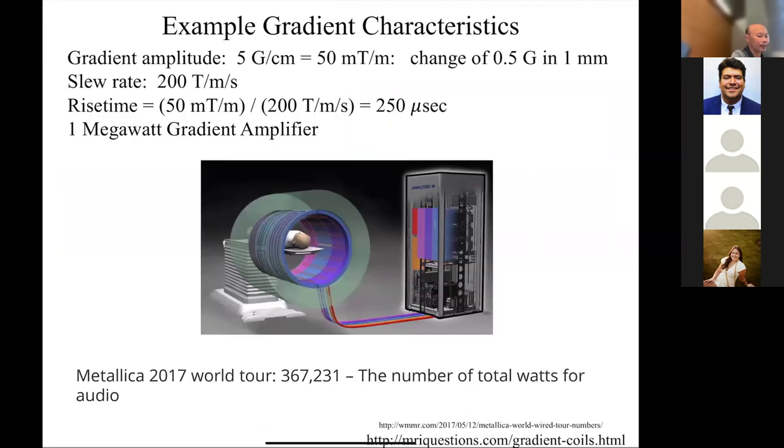The other thing about gradients is, has anyone been in an MRI machine? What surprised you about being in the MRI machine? It's loud. It's warm. Yeah, that depends on how they've set the settings. I've been in very cold MRI machines.